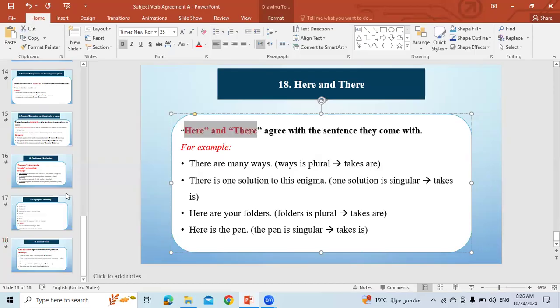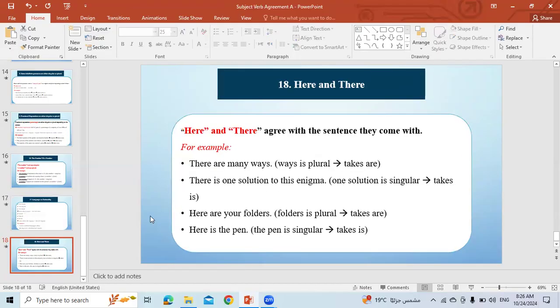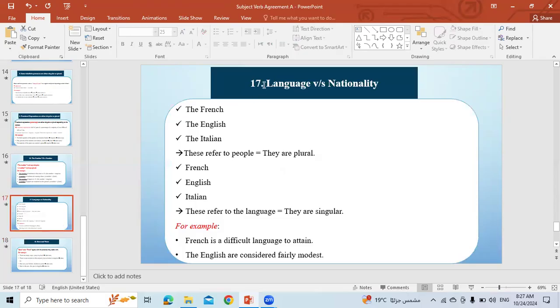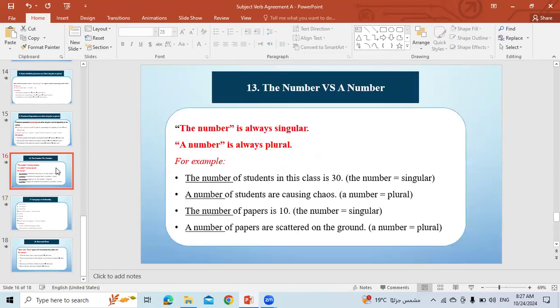Teacher, what's the difference from the one above? Which one? He asked you to repeat the number and a number? But before also.